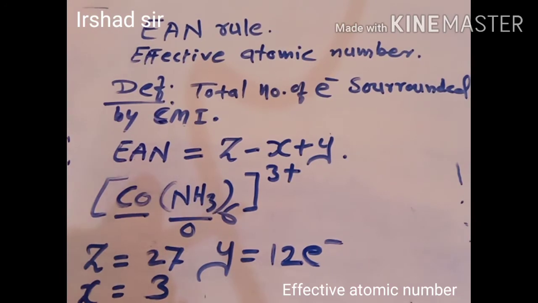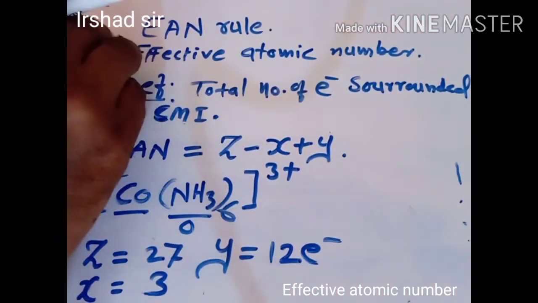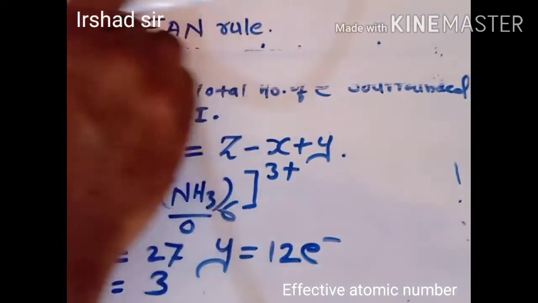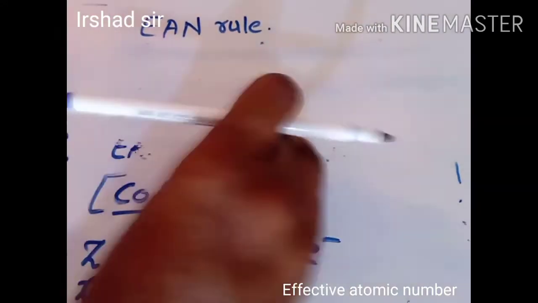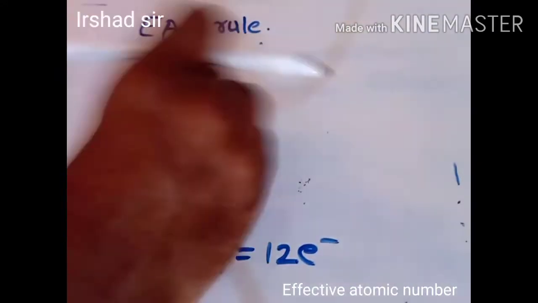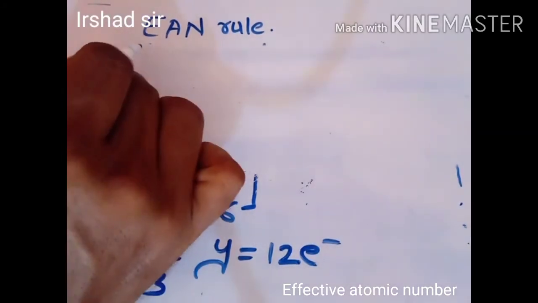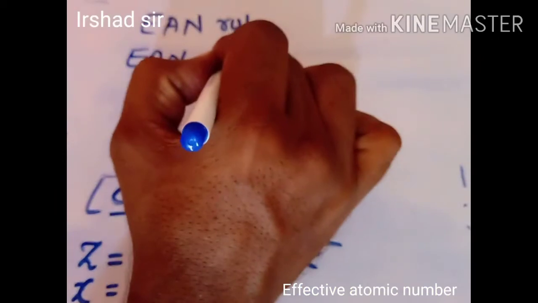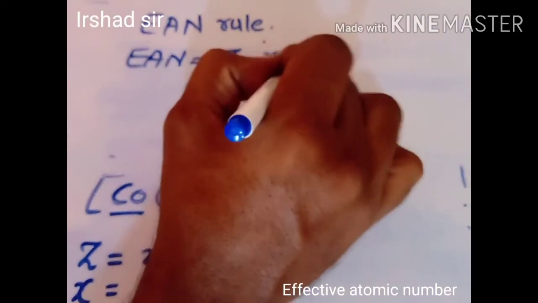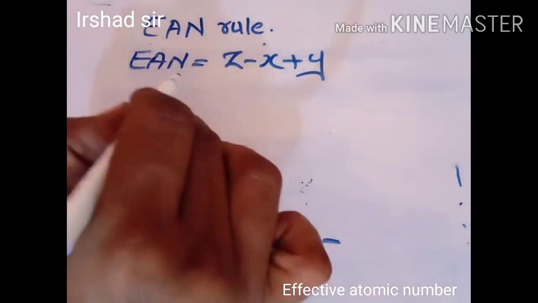Now by putting these values in the formula, we shall try to calculate the effective atomic number of the given complex. What is EAN? EAN is equal to Z minus X plus Y. That is the formula. Now put these values.